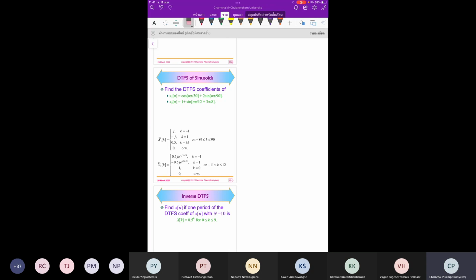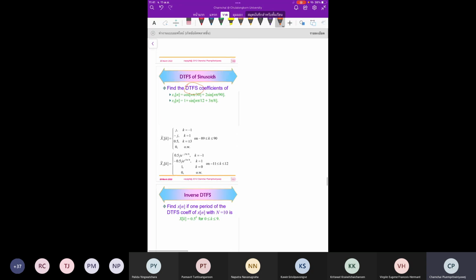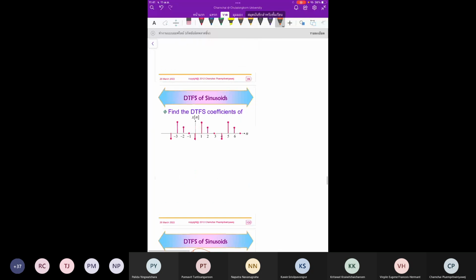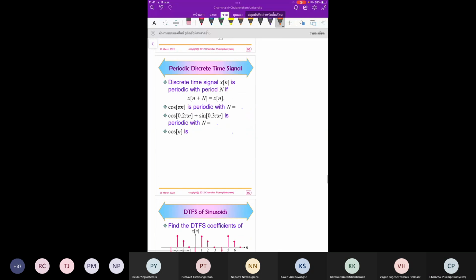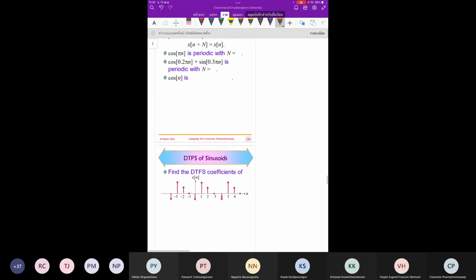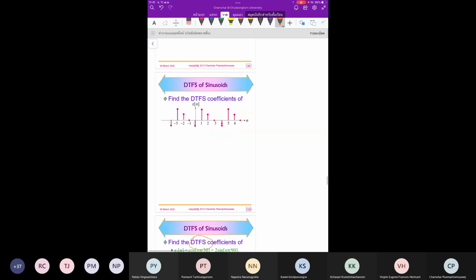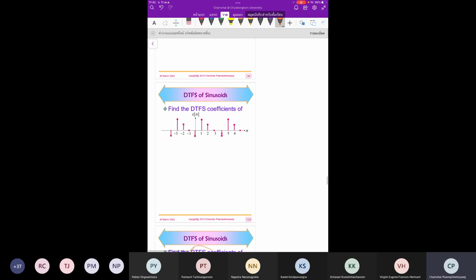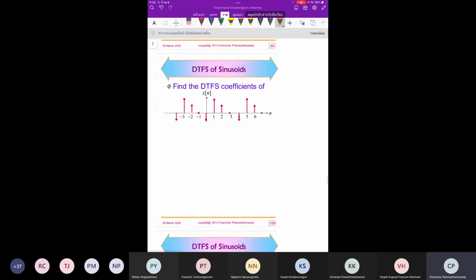But you have to remember DTFS got to be periodic with period capital N. Any other questions? I think that's pretty much I have.